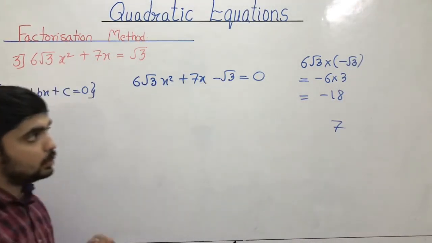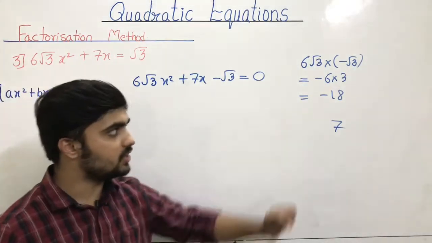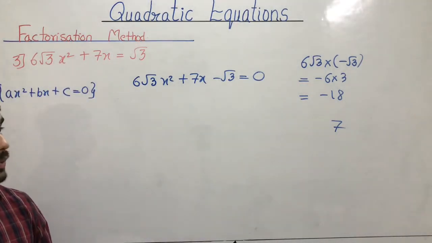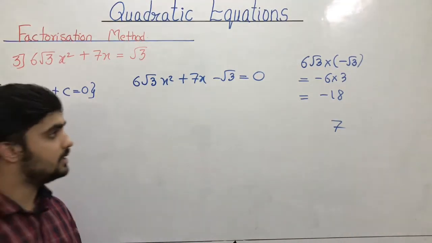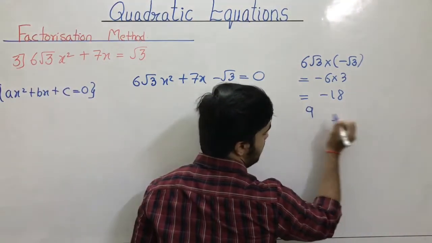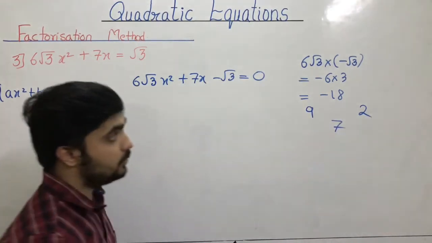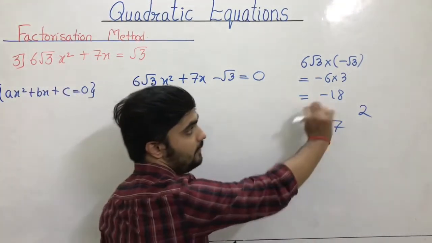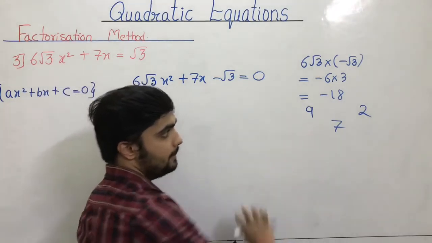So we have to find two numbers such that their multiplication is minus 18. Now we know that 9 2s are 18 and difference between 9 and 2 is 7. So we can write 9 and 2. Now we have to check for sign. So here we have minus 18 and we have plus 7.